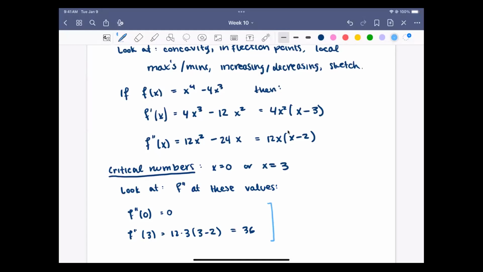So this could be an inflection point. It'll just depend on whether or not the concavity changes at that point. Yeah. So this is a candidate inflection point. And then this one, we're concave up here. So just concave up.